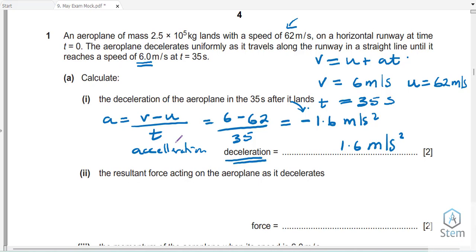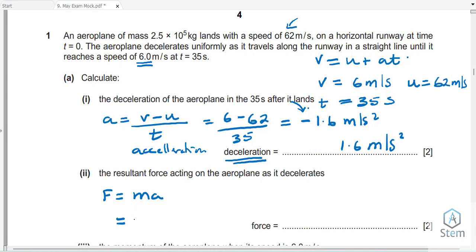The resultant force acting on the aeroplane as it decelerates, we use the formula F is equal to ma. So it's really just about substituting here.